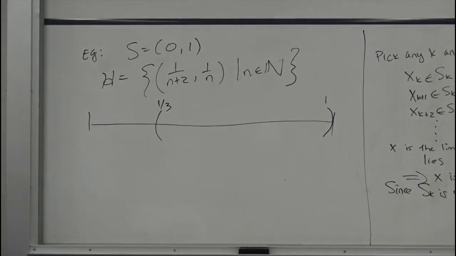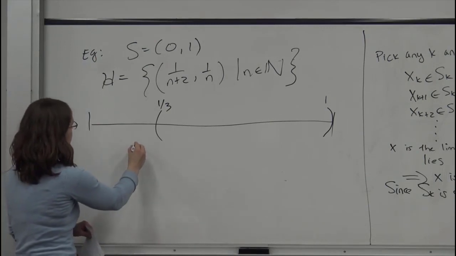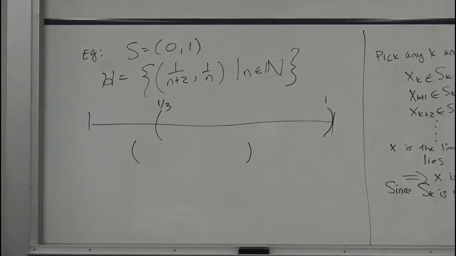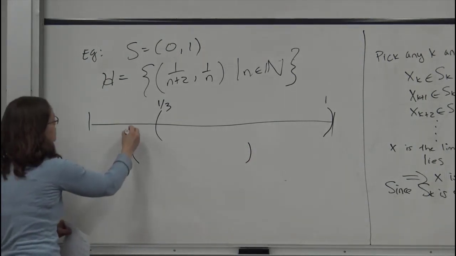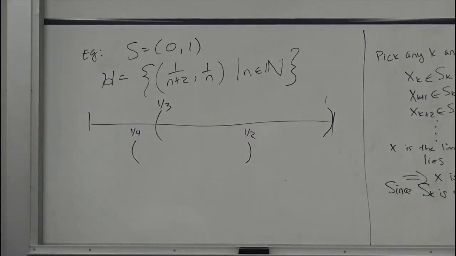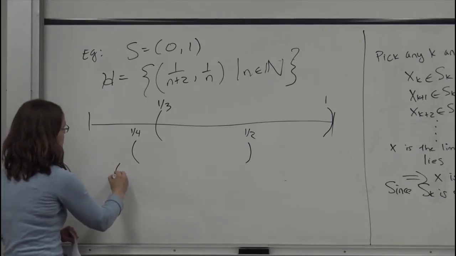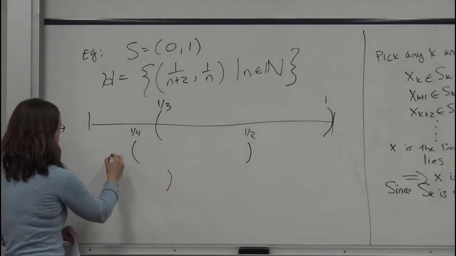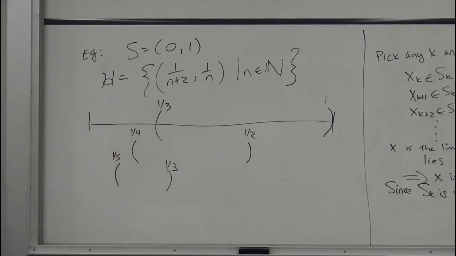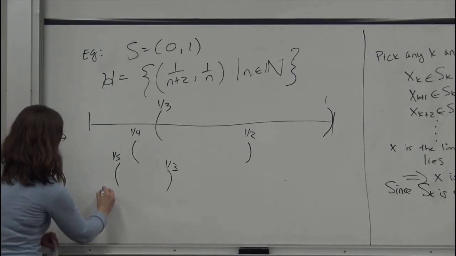The next one is going to be 1/4 to 1/2. I'm going to stagger the way I draw these a little bit, because otherwise you won't be able to tell which endpoints belong with which set. Uh, 1/5 to 1/3. Right, and so on. I'll do one more.